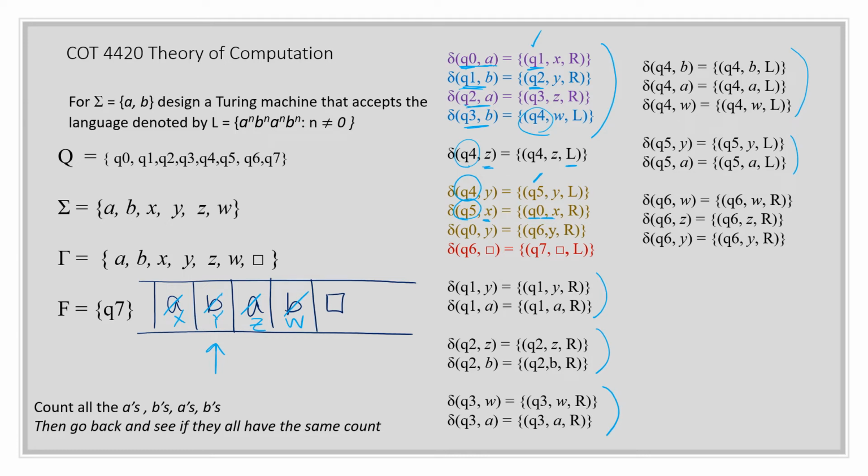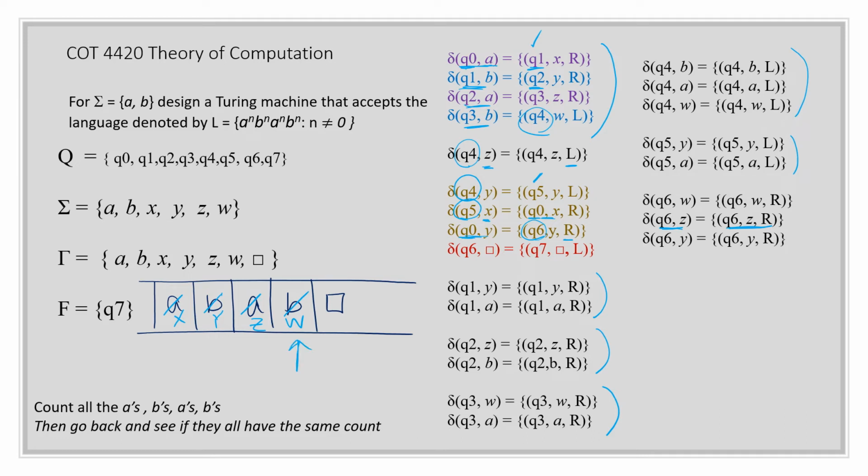Now we are in Q0. We have a Y. We're going to move to Q6 and move right. So now we are in Q6. We have a Z. We're going to stay in Q6 and move right.